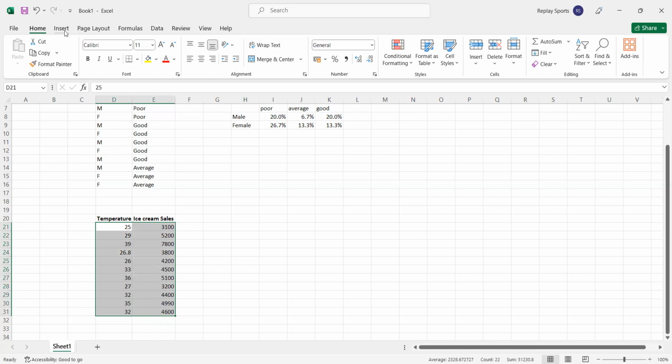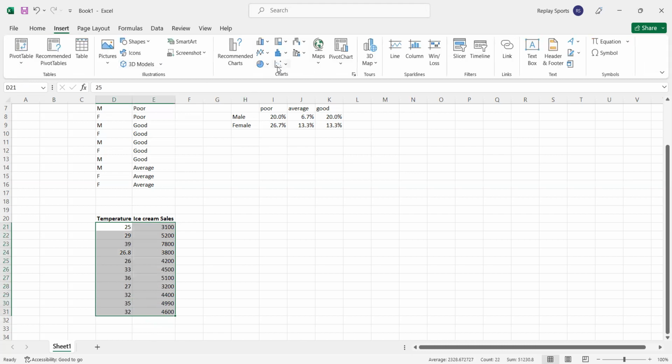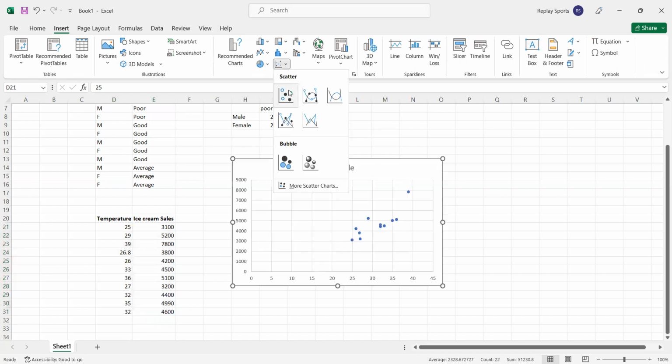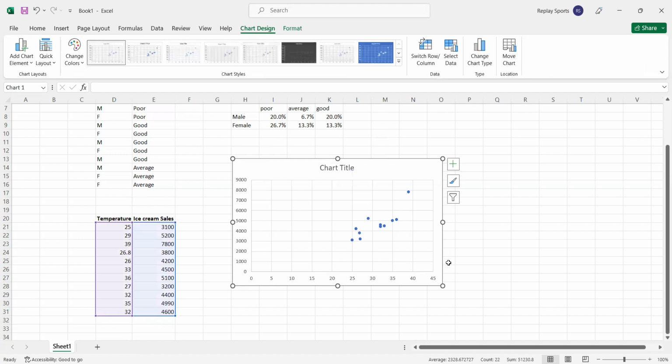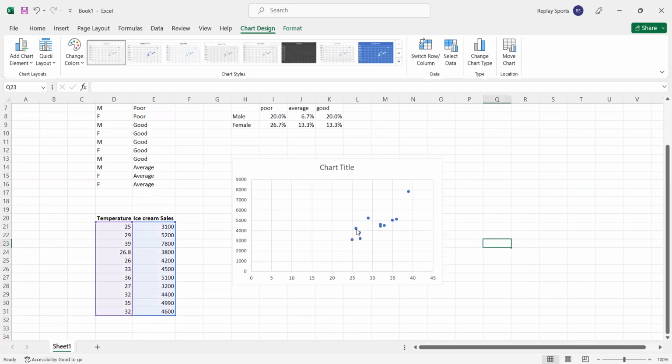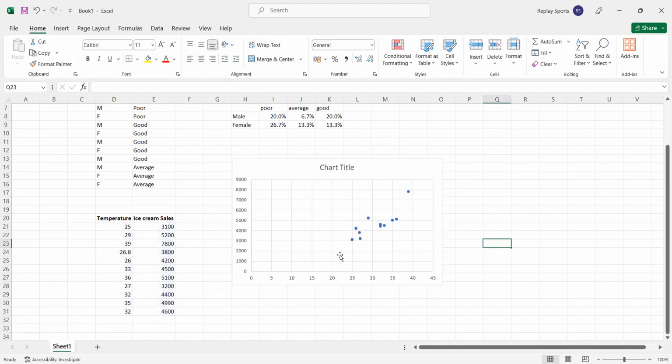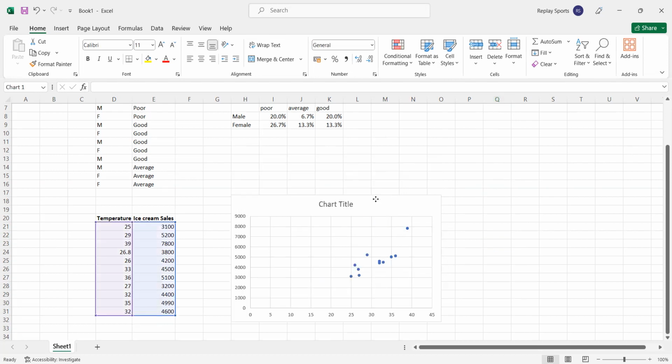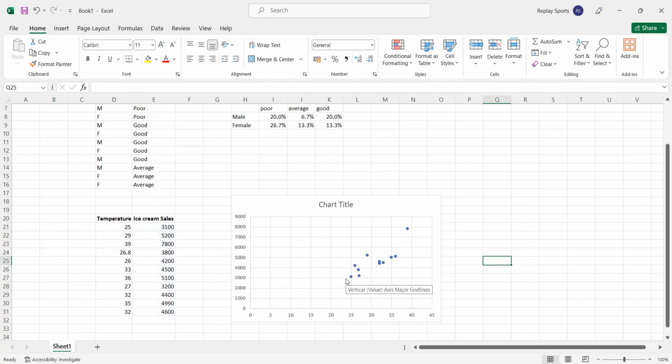Go to charts, go to scatter plot. Now this is your scatter plot, right? In this table you see that the values are increasing.